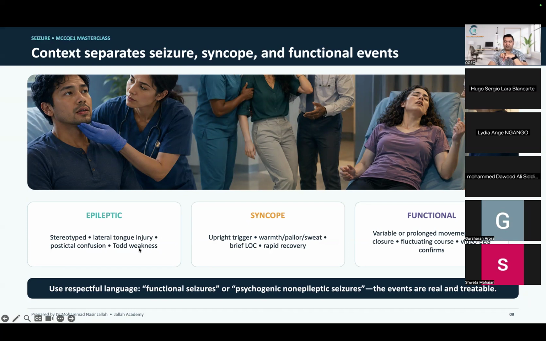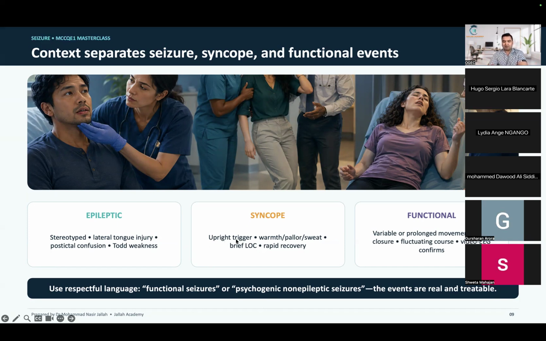For example, in Todd's weakness, the patient after the seizure has something like a hemiparesis. One side of the body is paralyzed, but slowly, between 3 to 36 hours, the patient gets back to normal completely. So these are the things that differentiate epilepsy from syncope and functional event.